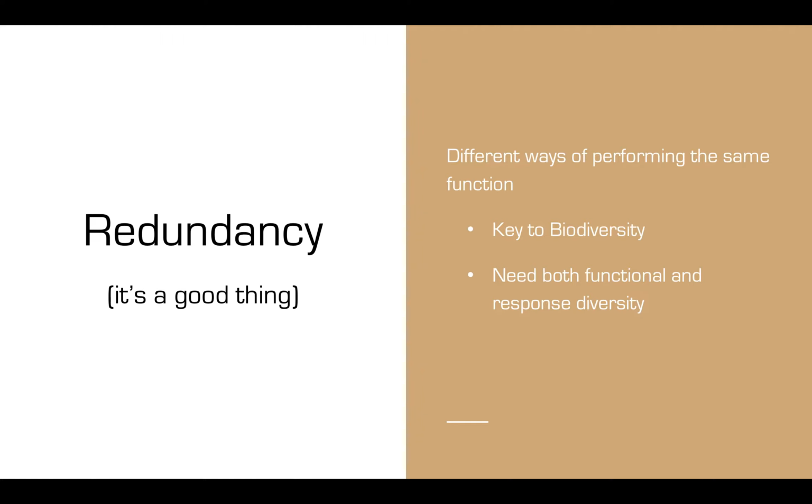And this kind of leads right into functional diversity as well, which is just the same idea. This provides insurance within a system by allowing some components to compensate for others if they're lost. So it's a really important component when we think about maintaining biodiversity in ecosystems, especially those that might be under some sort of stress.